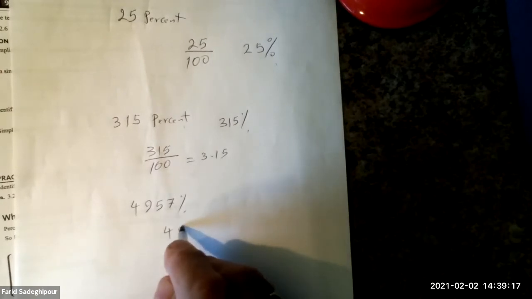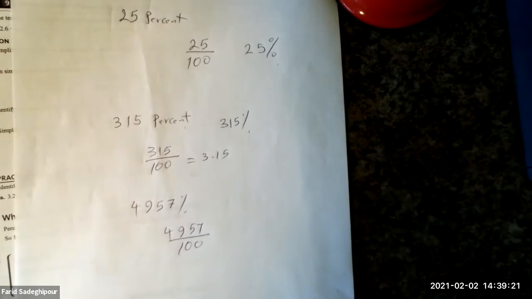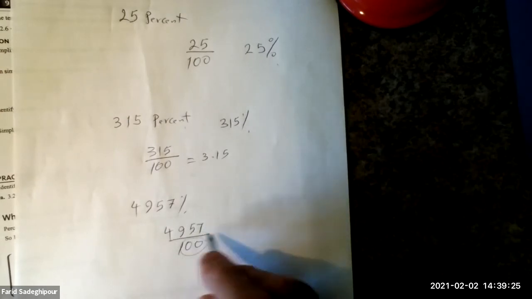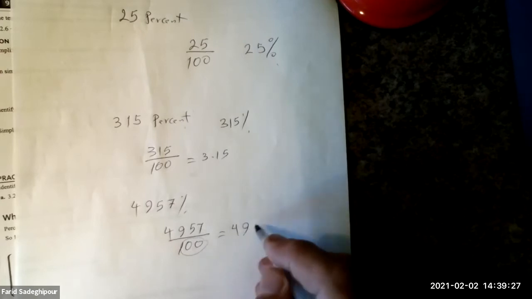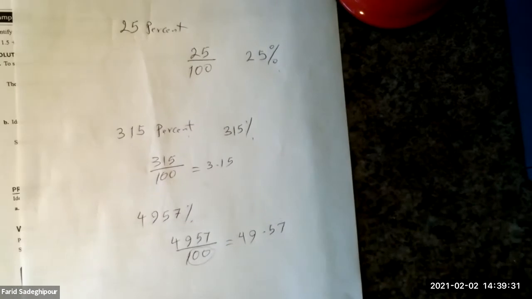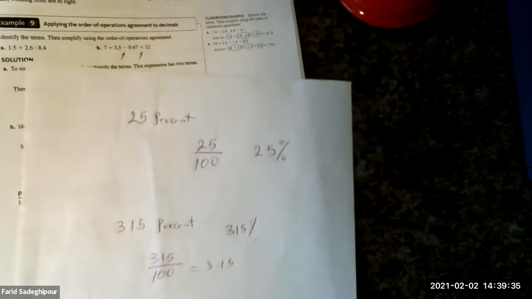You write the number 49.57 divided by 100, which moves the decimal two digits. That's what percent means. Percent means just divide by 100 always.